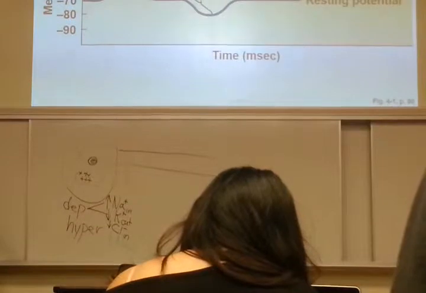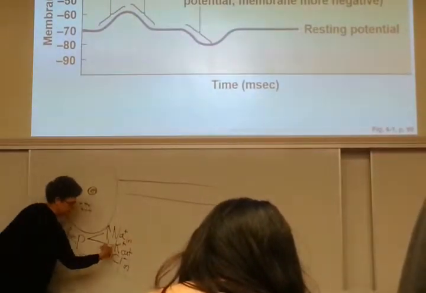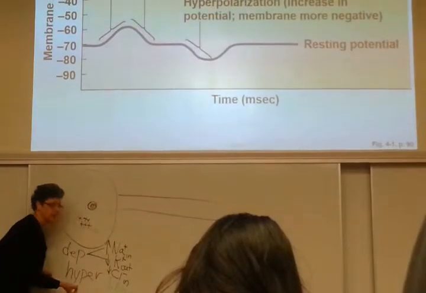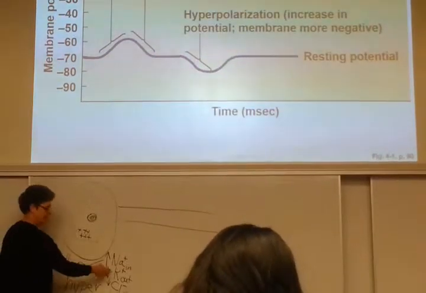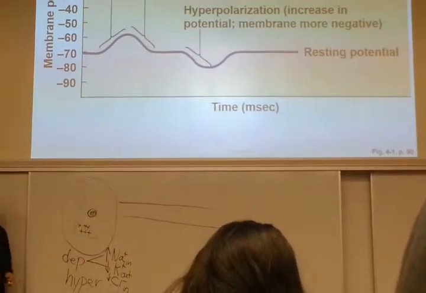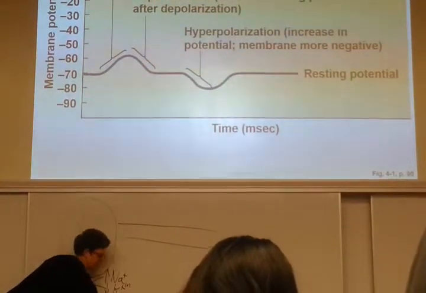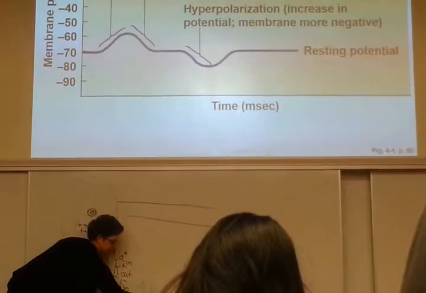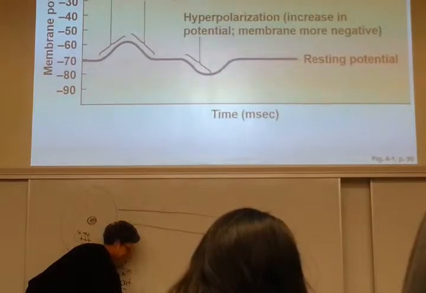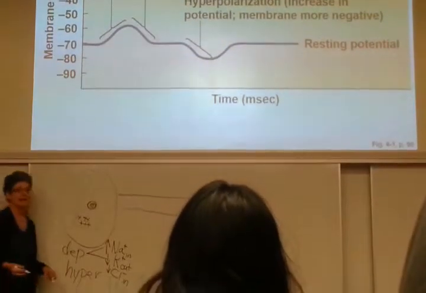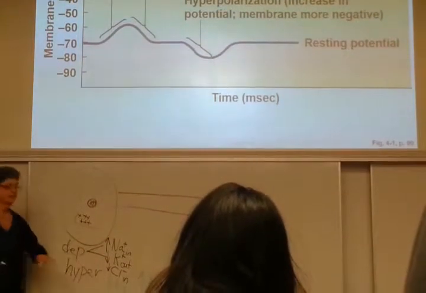So decrease the permeability to sodium, or what do you do to potassium? How do you get negative charges to accumulate in the cell manipulating potassium? Increase potassium leaving. So have potassium leave faster. How do you do it with chloride?